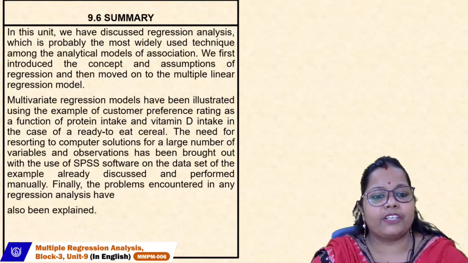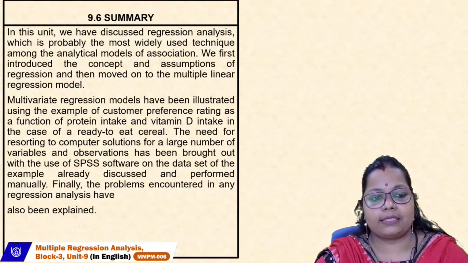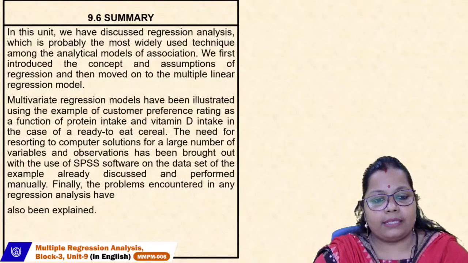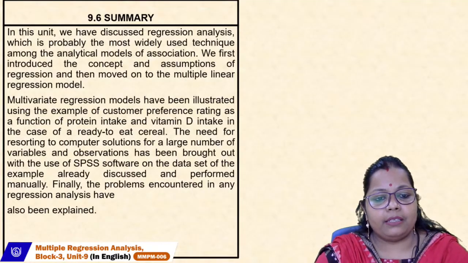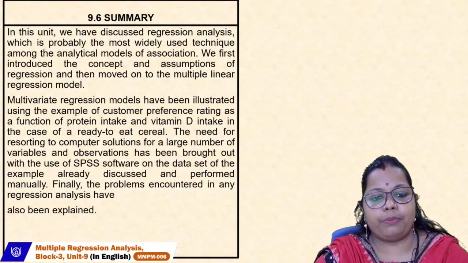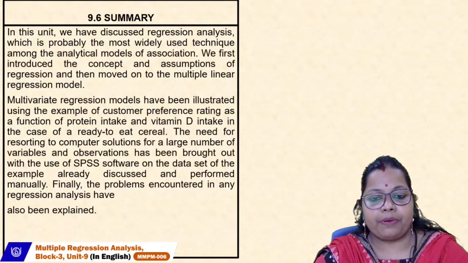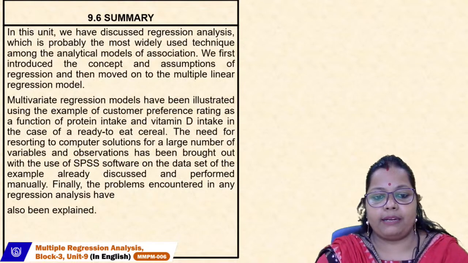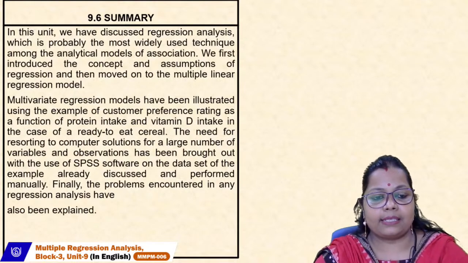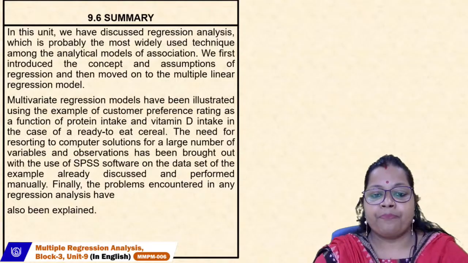So multivariate regression models have been illustrated in this unit by giving one example, which was the best for marketing research: the customer preference rating as a function of protein and vitamin D intake. In this case, a ready to eat cereal survey was there.